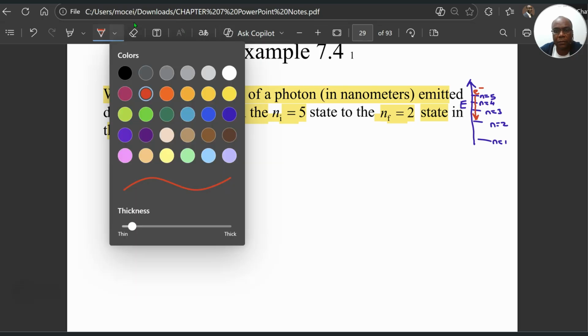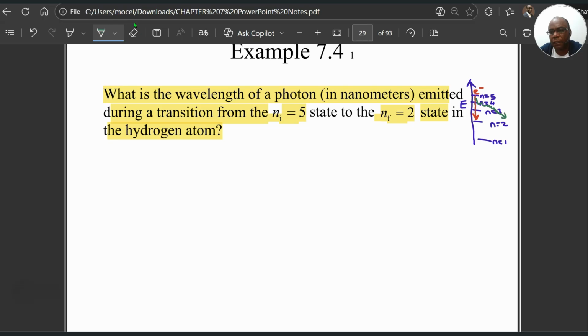As it does so, it emits a photon, or light, of a given energy. That light has a given wavelength, and that wavelength has to be reported in nanometers, and that's what we need.